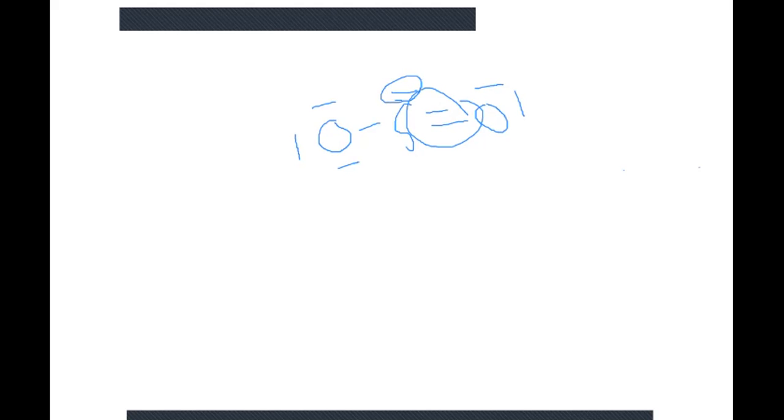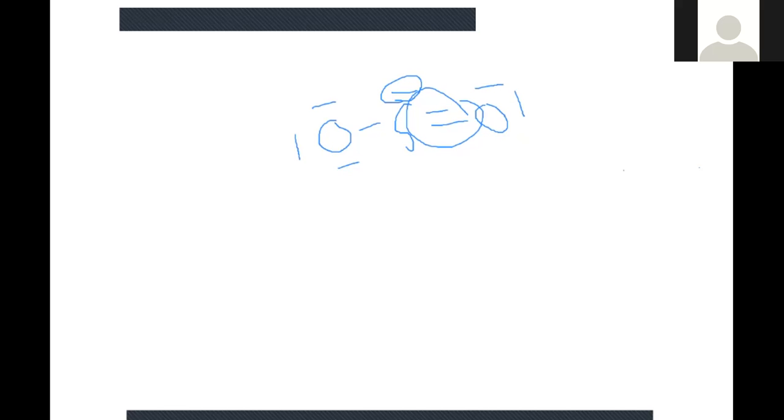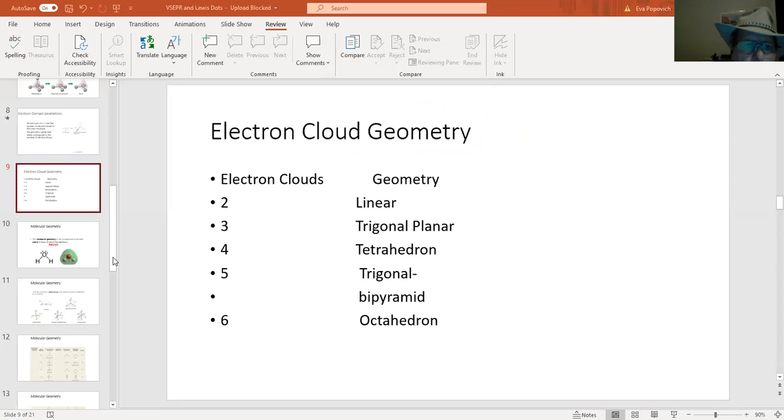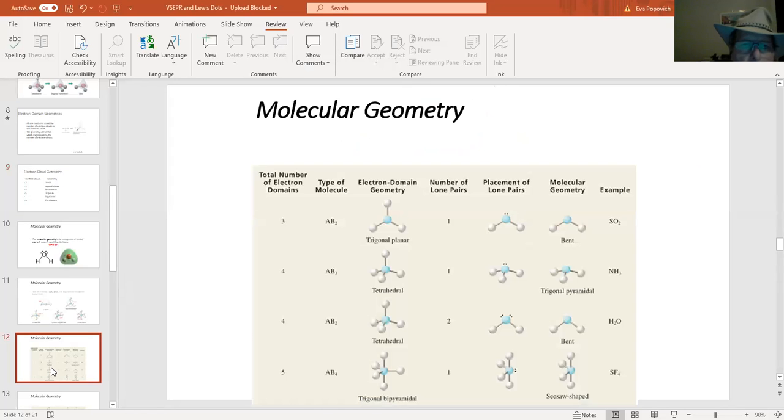So you've already figured out that the electron domain is trigonal planar. Now we're going to go to the molecular geometry part. How many lone pairs do I have, Ian? 1. What is my shape? Wouldn't it just be bent? Bent. Okay.